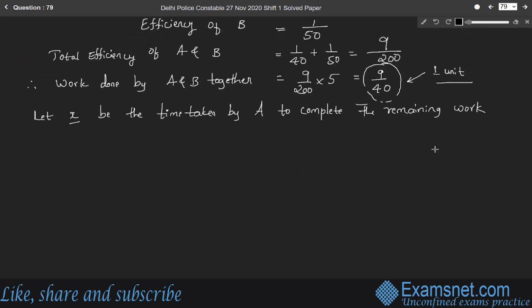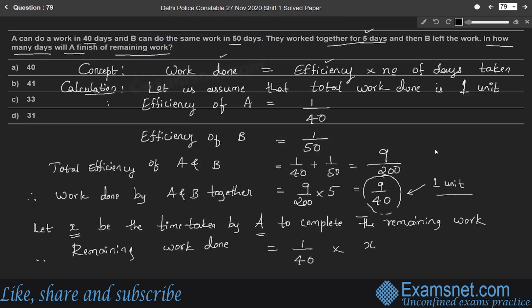So here the time period is X. Therefore, remaining work done is equal to, so work done is efficiency into number of days. So efficiency of A is 1 by 40, as A can complete the whole work in 40 days. So it is 1 by 40 efficiency into, so let X be the time taken. Number of days is equal to X. Therefore, total work done.